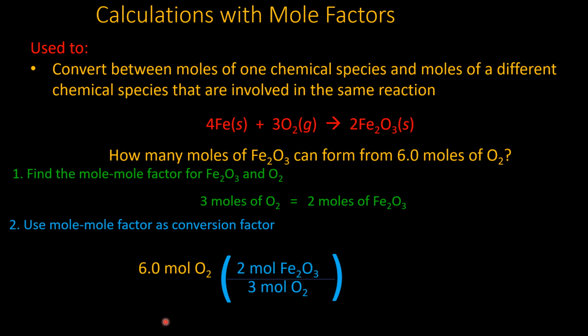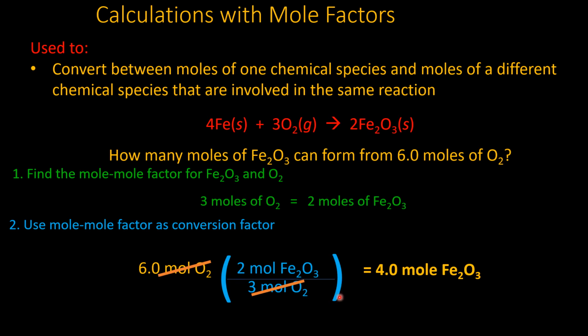And I literally cancel out moles of oxygen, leaving moles of Fe2O3. Now, you will see me probably shortcut this a little bit, and I will just put 2 Fe2O3s over 3 O2s and just cancel out the species, the O2 part.